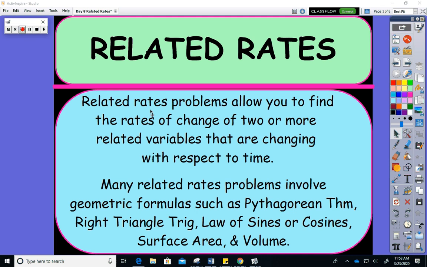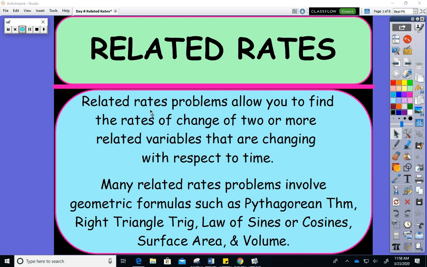At the same time, the volume of air inside the balloon is increasing. And at the same time, you might even think the surface area of the sphere is increasing. Well, all of those are related to each other. The radius increases, the volume increases. Those are just simply related rates.